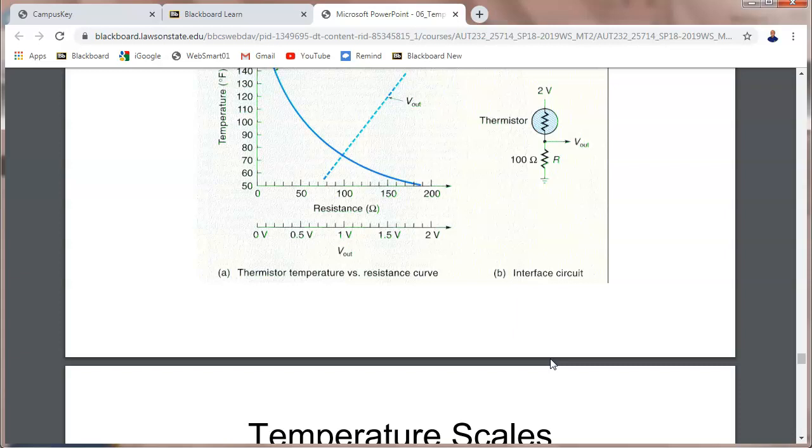It's sensing wherever your thermistor is.